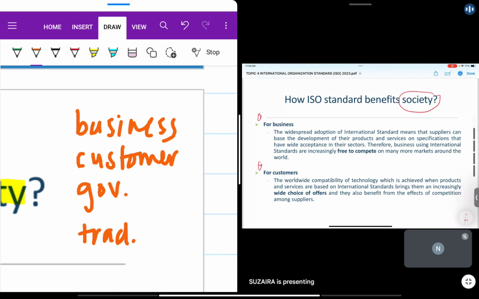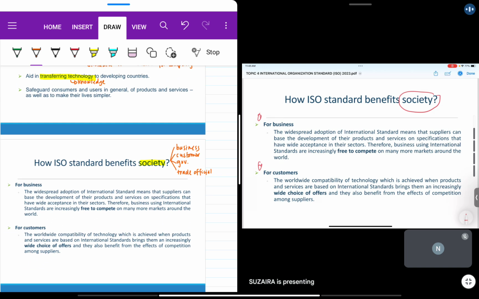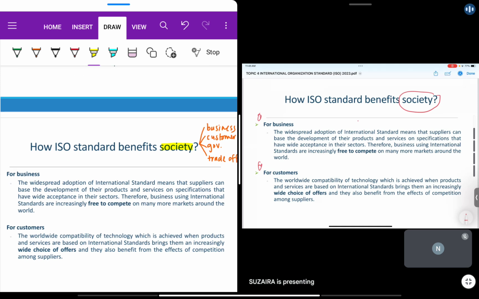for business, the widespread adoption, it's like whenever you have this standard, we can actually export our product to other countries or do trade like export and import. So different for businesses, this one is focused on the factory or the manufacturer.